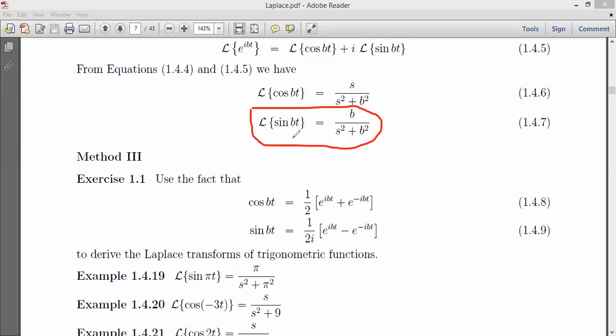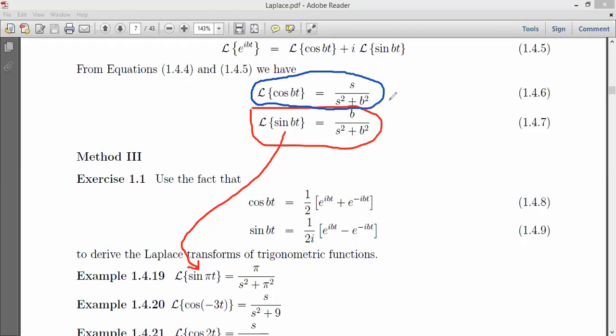So what is b? If you compare this with this here, the pi is the b. So the Laplace of sine pi t, where there is a b, you throw there a pi. That is pi over s squared plus pi squared, finito. That is the answer. Then we have the Laplace of cos negative 3t. Remember we have already demonstrated up here the Laplace of cos bt, that is this one right here.